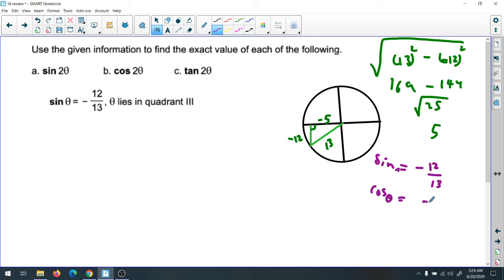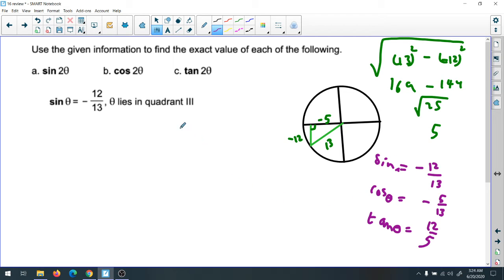So it's negative 5 over 13. And also tangent of theta is the opposite over adjacent. Negative 12 over negative 5 is positive 12 over 5. So those are the 3 essential functions we have.